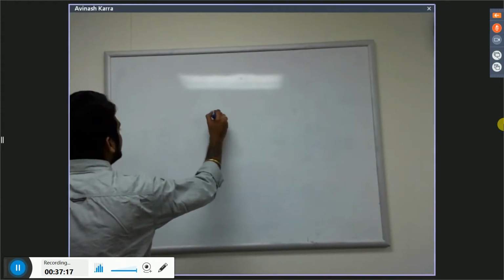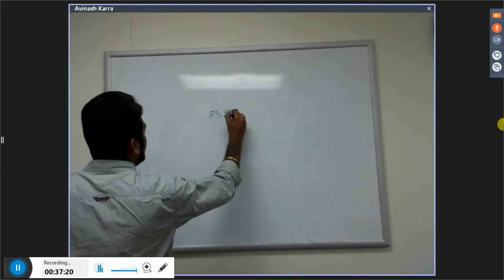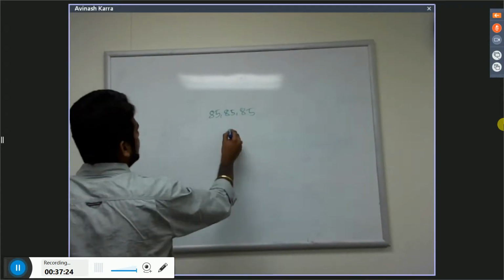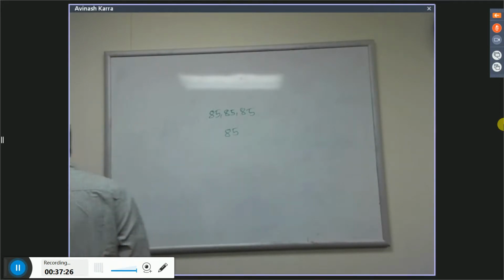So what is next? If Mary's test grades are 85, 85, 85, then the average is 85, as I told you.